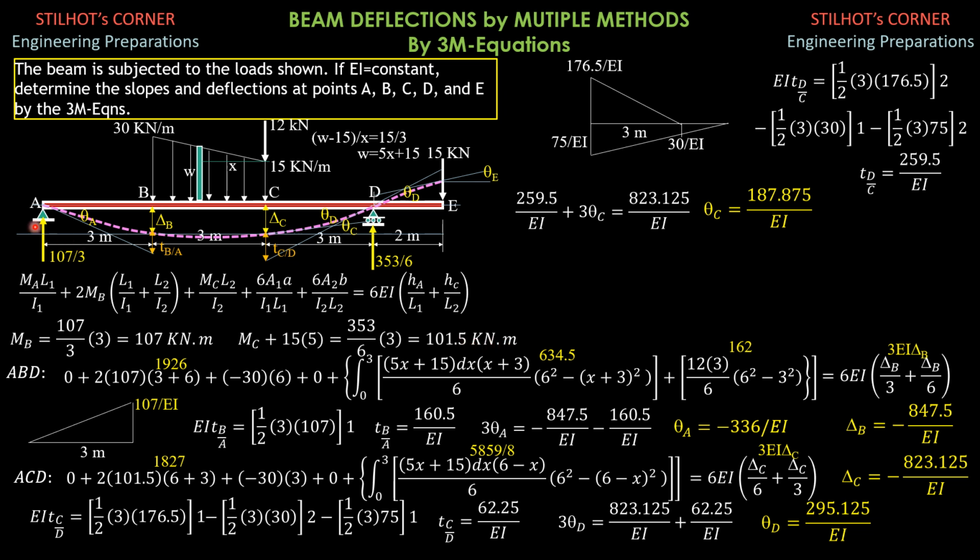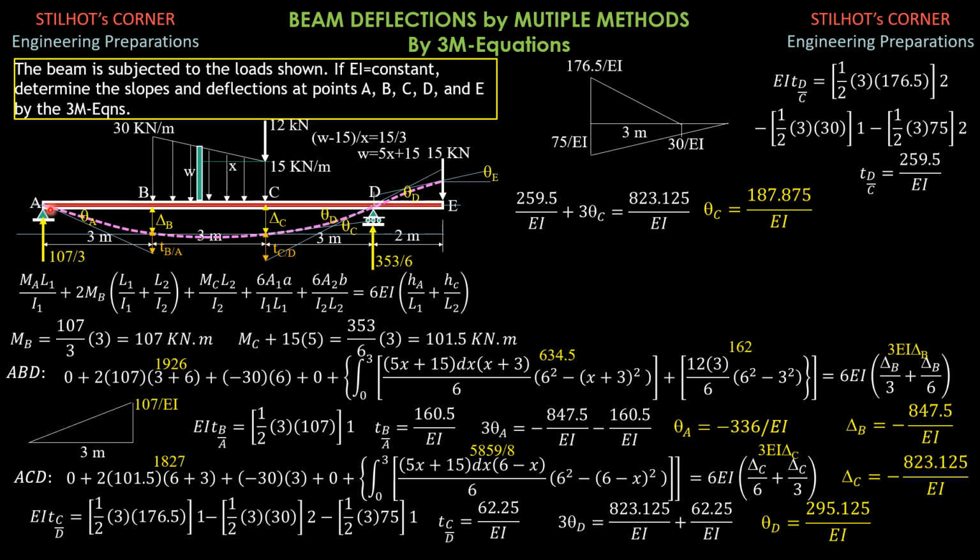So first we consider ABB, and this is the reference line through B. Therefore, if this is delta B, then HA would be delta B. H sub B is also delta B because the reference is the horizontal line through the middle point B.